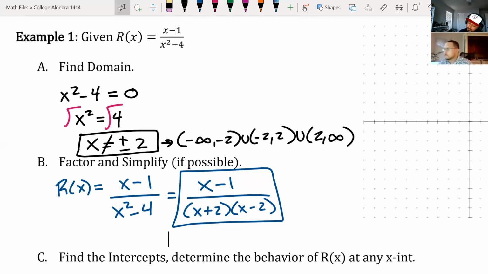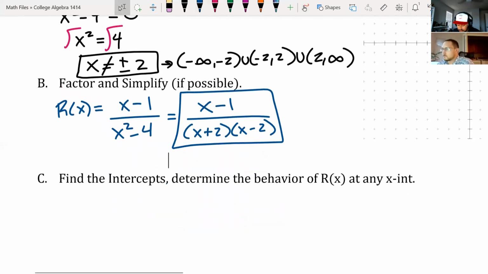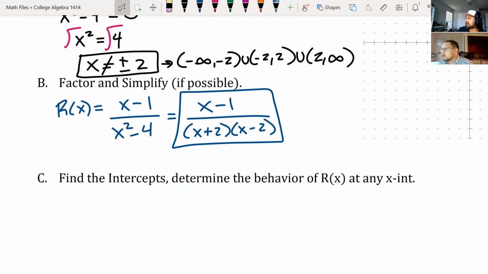So find domain, factor and simplify, find the intercepts and determine the behavior of r of x of our function at any x-intercept. Okay. So first thing we're going to do is find the x-intercepts, where we set the rational function equal to 0.